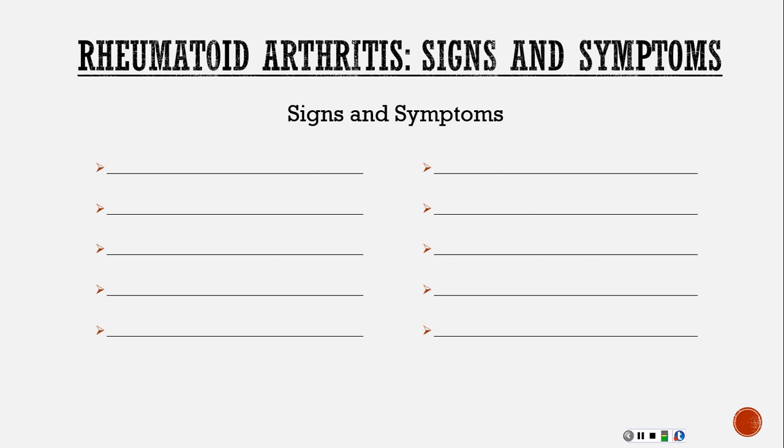Okay, so what happens with inflammation? What does that mean? Swelling. Yeah, that's the big one. Swelling, you may have the warmth, the redness, all that good stuff, but swelling is going to be the big thing there. So symmetrical bilateral joint inflammation.